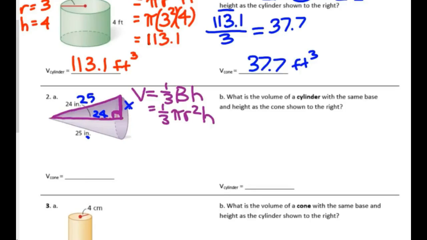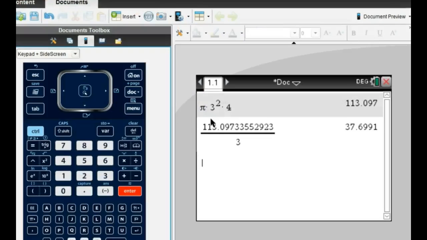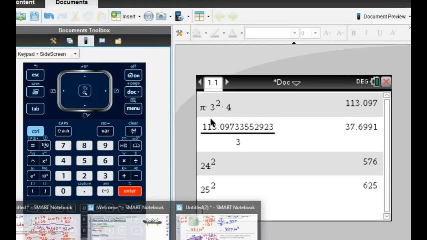So here's how I would set it up. 24 squared plus x squared equals 25 squared. Okay? Do you see how the 24 and the 25 are not on the same side? Right? The legs are on the same side and the hypotenuse is on the right side. So I need to figure out what's 24 squared and what's 25 squared. So let's do that real quick. So 576 and 625.